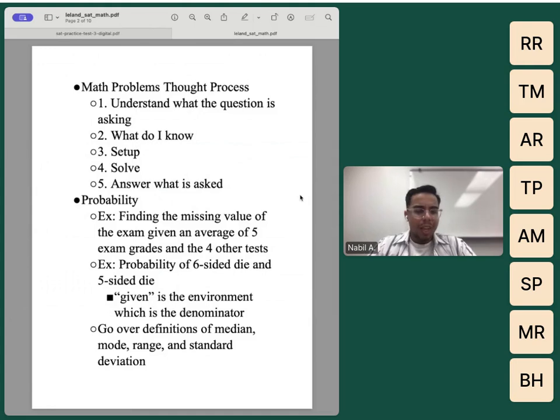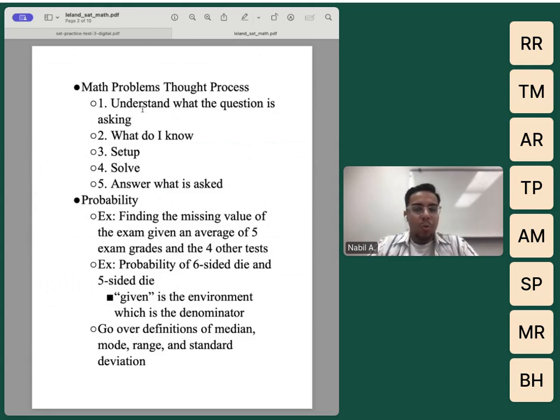You can implement it for the easier problems, medium difficulty problems, or even the harder problems. I highly suggest having a system, that way, whenever you encounter a really hard problem, you're not just stuck. You try to understand exactly what the question is asking, and then try to get an answer out of that.